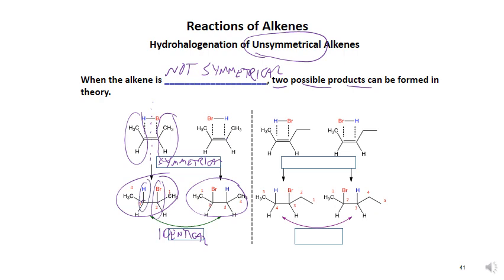So they're the same. But what about an asymmetrical alkene? If it's asymmetrical, you've got a methyl group here, and then you've got an ethyl group here. So the H could be adding to the carbon that has a methyl group attached to it, or the H could be adding to the carbon with an ethyl group attached to it.